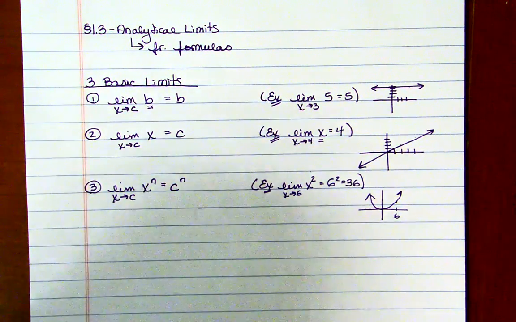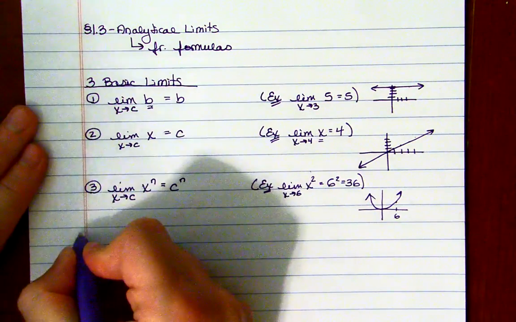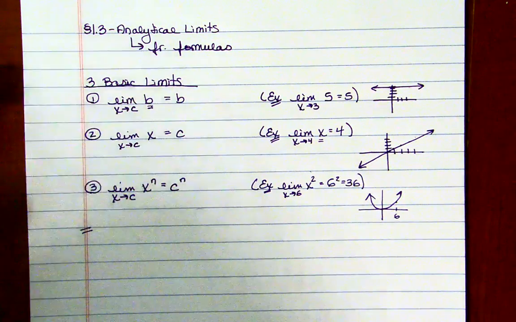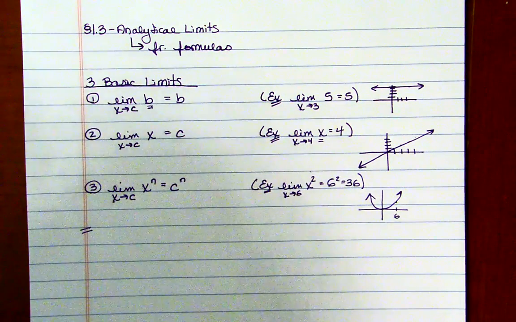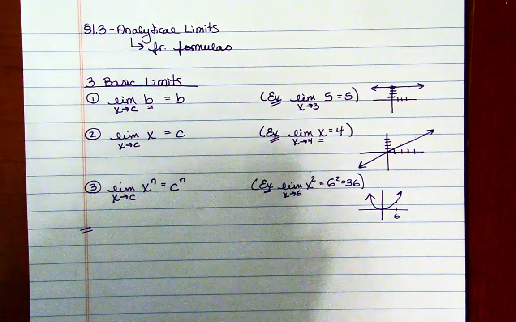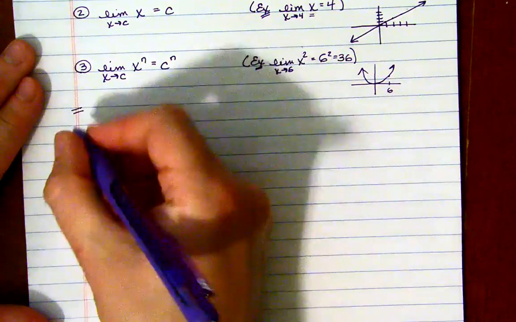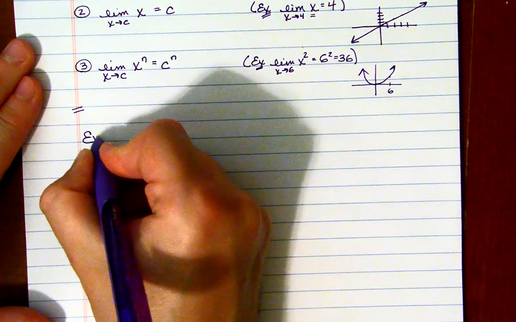If you need a little bit more time to copy these down, make sure you're pausing the video. But what we can do with these basic limits and our properties is figure out how to evaluate limits where a function is continuous. Or rather, these things let us evaluate limits in places where a function is continuous. So that's the next case we're going to look at.